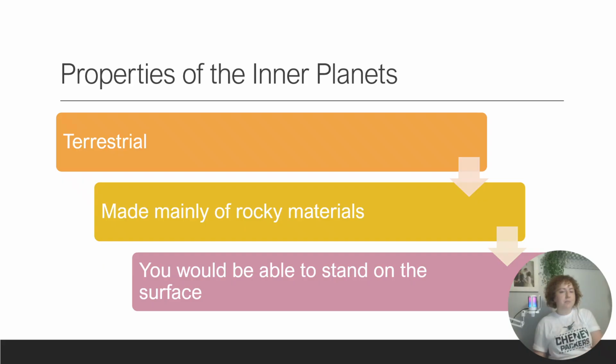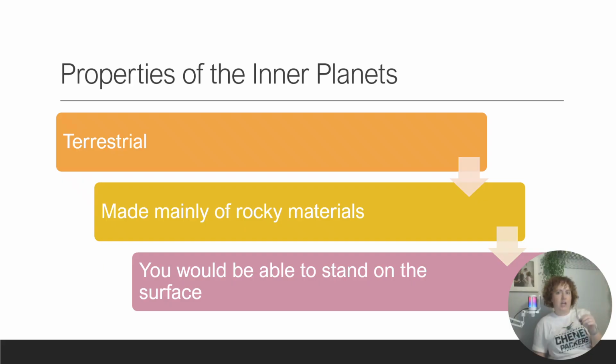So, the properties of our inner planets. These are the first four: Mercury, Venus, Earth, and Mars. As we discussed in the structures of our solar system, these are very, very small, but very, very dense planets. They are made up of heavy metals and rocks. We also consider these four planets terrestrial planets because they have actual terrain.